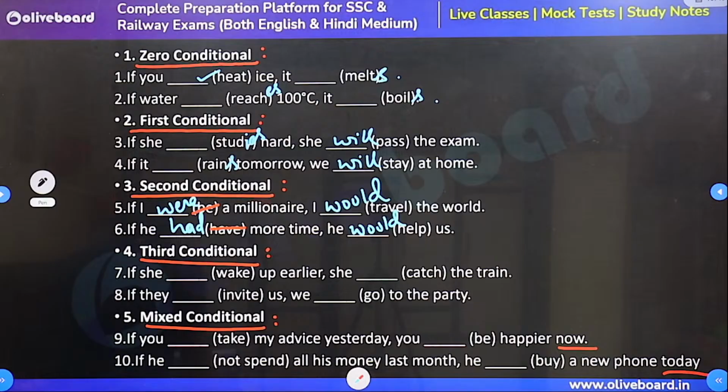Manoj, third conditional, brother. Would will be second conditional, V2. Third one, had plus V3.